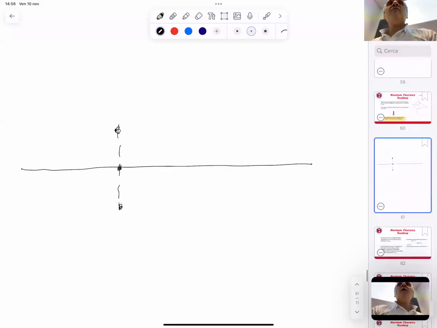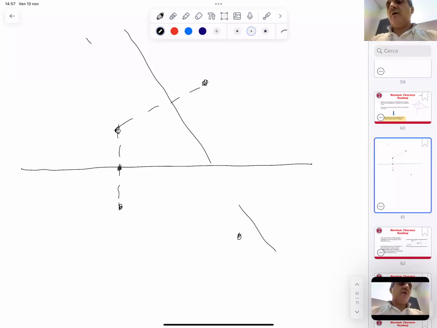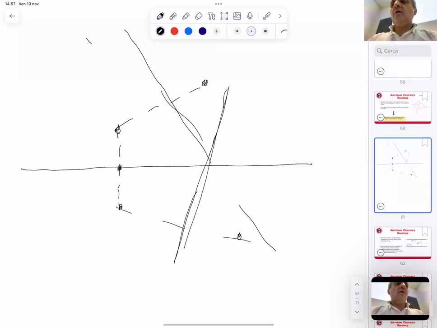If you have more than 2, suppose you have 4 points, you have to reason pairwise. So you can draw a line for this, another line for this, and so on and so forth. And in each point, you consider the points that are the closest, and you refer to that line.